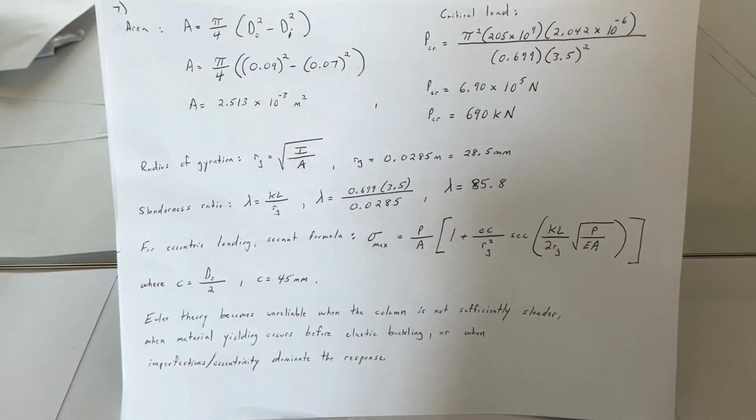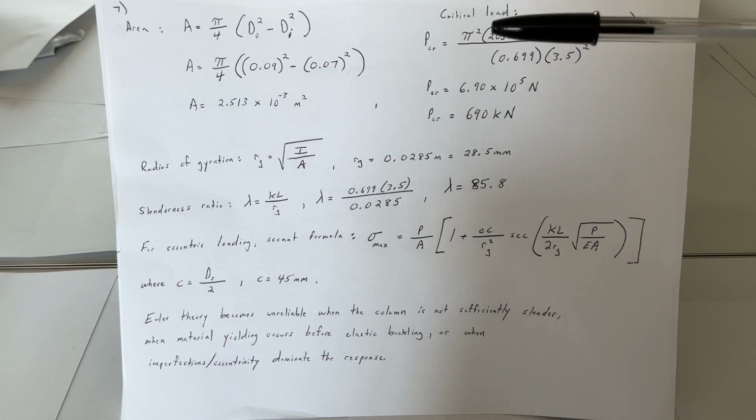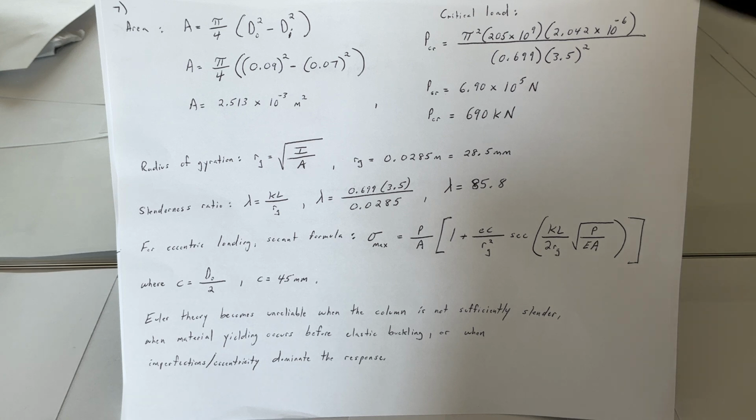Our critical load here, P sub CR equals pi squared times quantity 205 times 10 to the ninth times 2.042 times 10 to the negative sixth over 0.699 times 3.5 squared. P sub CR is 6.90 times 10 to the fifth N. P sub CR is 690 kN.